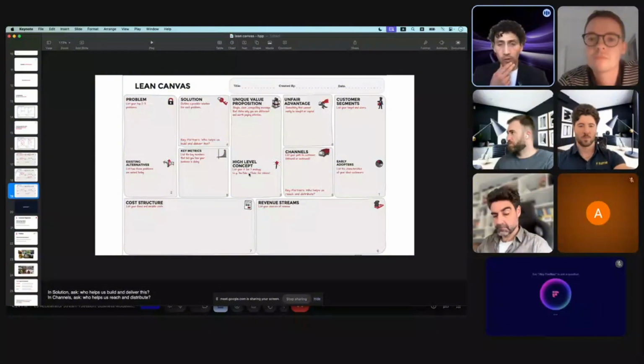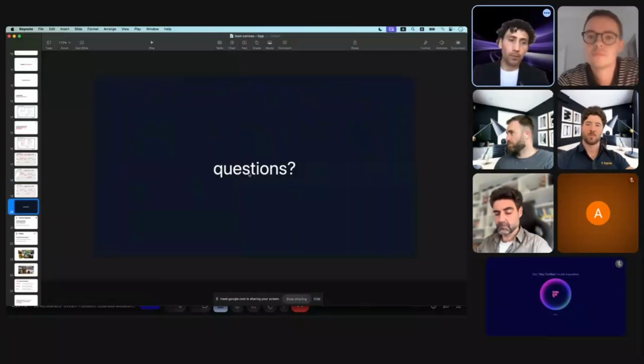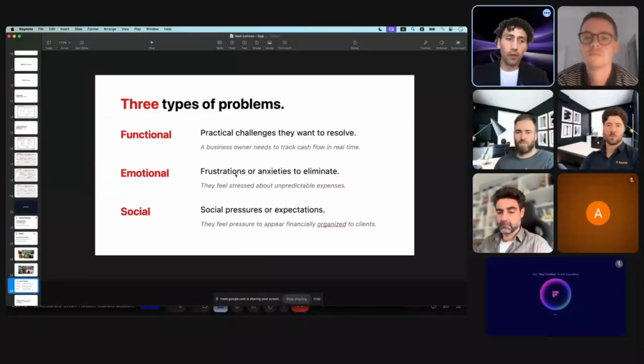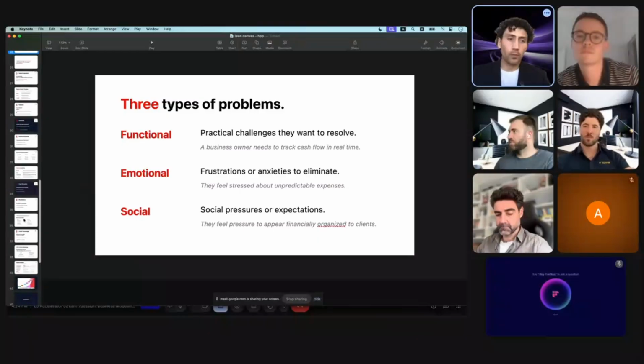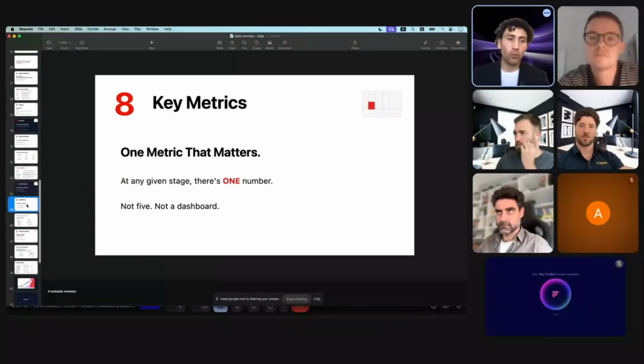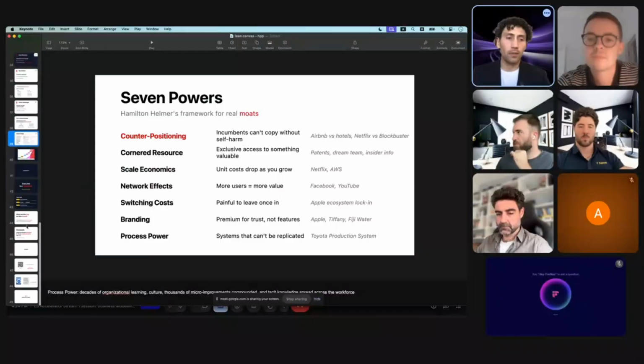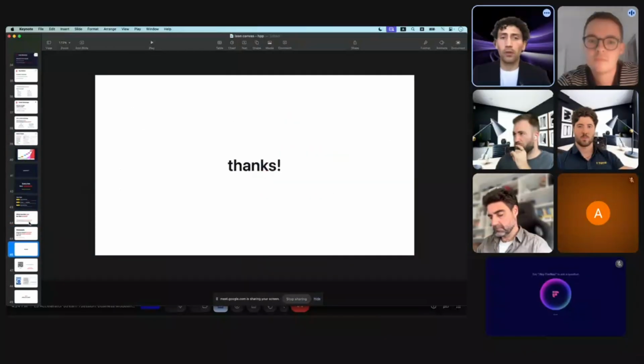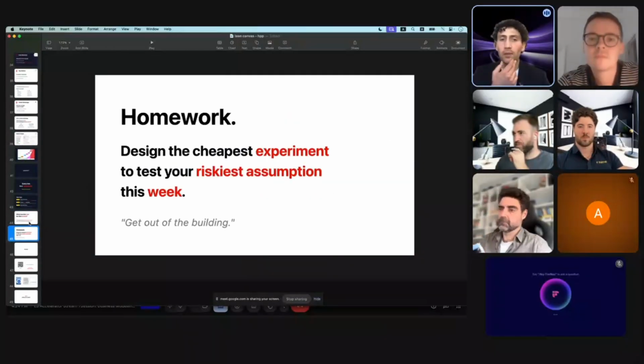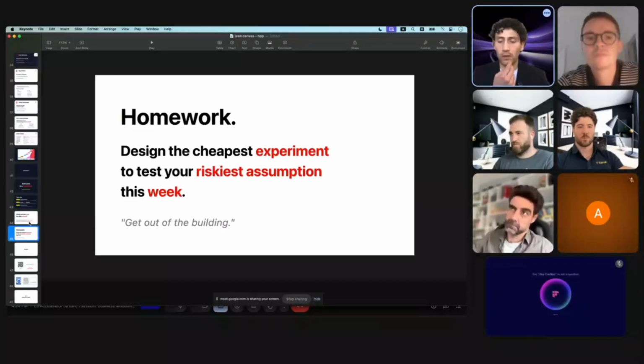As homework, I'm already anticipating it because then we're going to move to the other teams: think about how to validate one of them or both of them, if you manage, by the next checkpoint. So design the cheapest experiment to test your riskiest assumption this week.